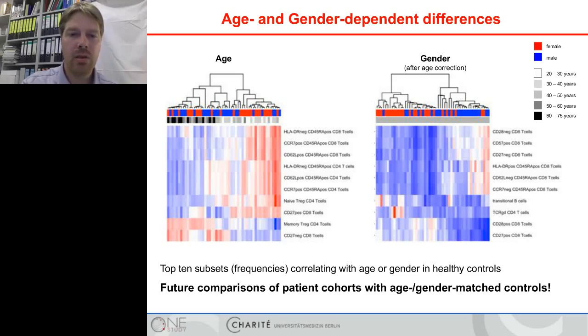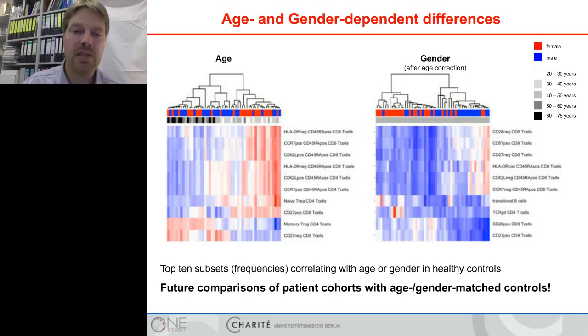If you look at the heat map on the left side, we are starting on the right side with the younger samples and have on the left side the samples of the older population. For age markers here, we see an increase, because it turns to blue, of these subpopulations, and a decrease of this population with an increase of age. Only for 2 of these populations is it shown that the population increases with age.